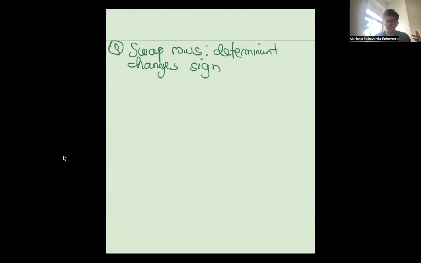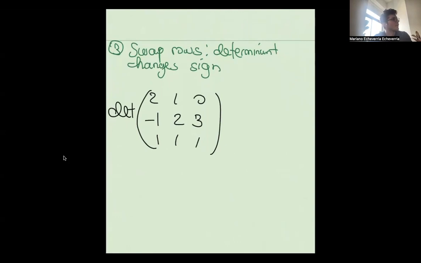But nothing else changes. So for example, if I wanted to do the determinant of, I don't know, 2, 1, 0, -1, 2, 3, 1, 1, 1. If for some silly reason I wanted to swap the rows, like you could, for example, do row 1 with row 3, or let's do row 1 with row 2 first.